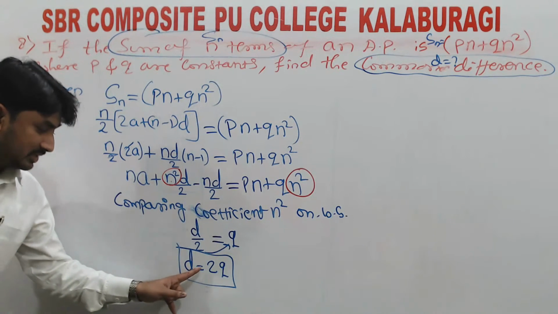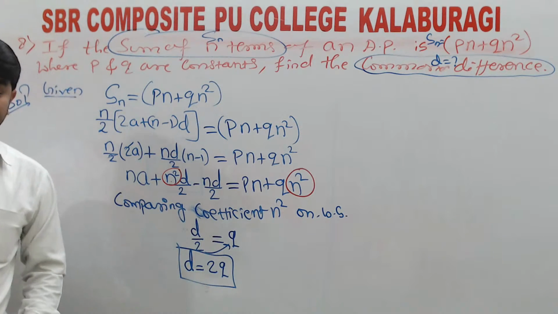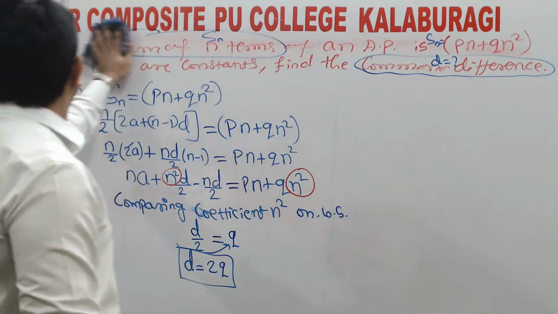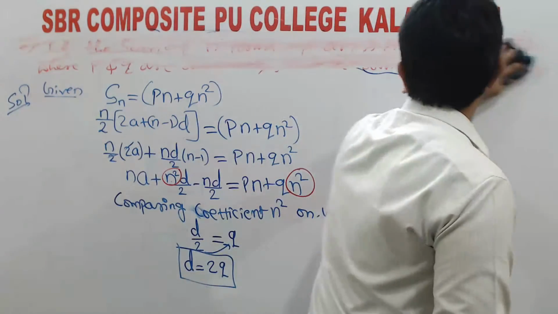Common difference d is equal to 2q. Hence, the common difference is 2q. And question number 8 is completed.